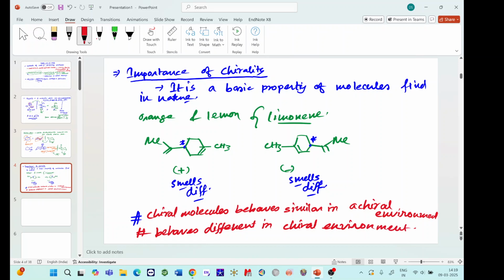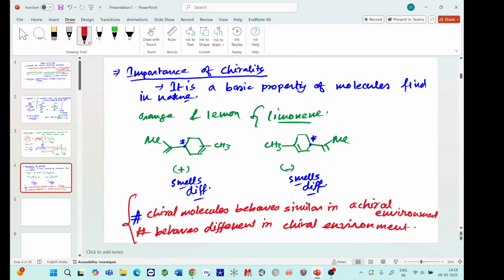So this is like a rule of thumb. You should always remember this in your life: if you put chiral molecules in an achiral environment, they will behave the same. There will be no change. Only if your environment is chiral, then they can show the difference. We'll discuss it many times during the class, so that you can have an idea. Regardless of any effect, any measurement, anything, when your environment is achiral, there is no difference between the chiral isomers. But when the environment is chiral, then your chiral compounds will behave differently.